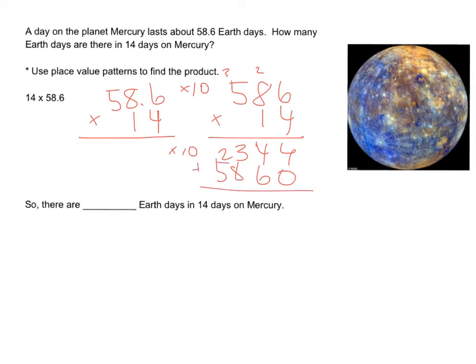Add it together. 7, that's 8. Okay, so I have 8,204. But I'm not done yet. Remember where I came here and I multiplied by 10? I have to now undo that. So I'm going to multiply both my top factor and then my product by 1/10.